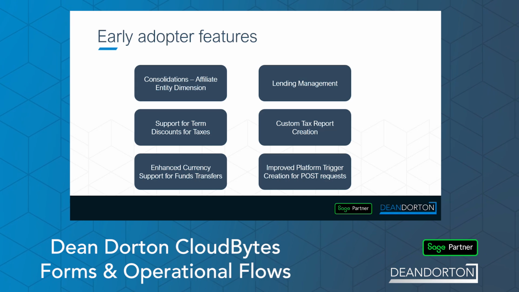And there are a good number of them in this release. We talked about the enhanced currency support for funds transfers, but there's also a really cool thing going on with consolidations and an affiliate entity dimension. Adding a new affiliate entity dimension to automate the tagging of IET journal entries across multiple entities.